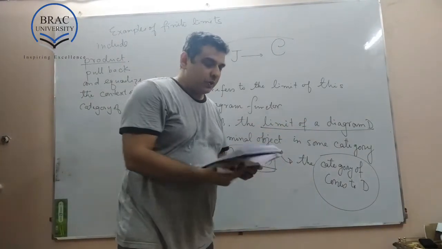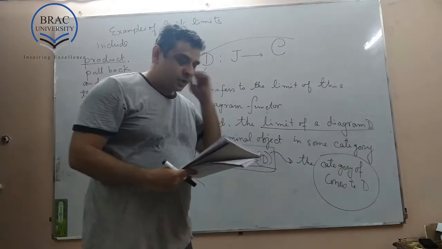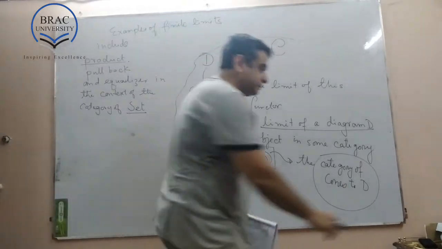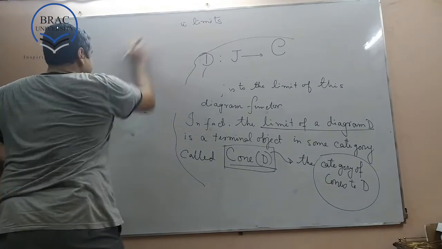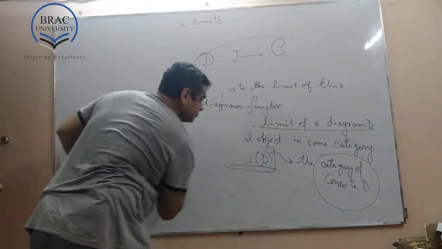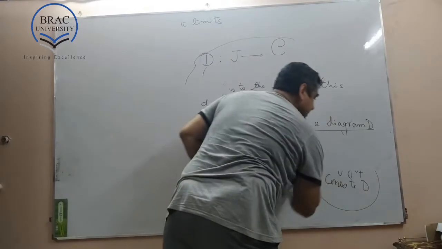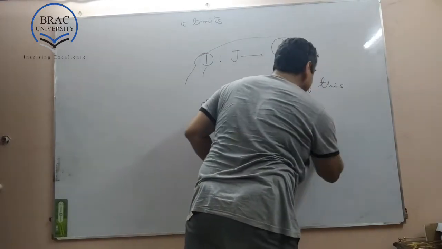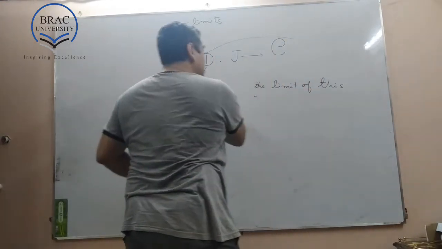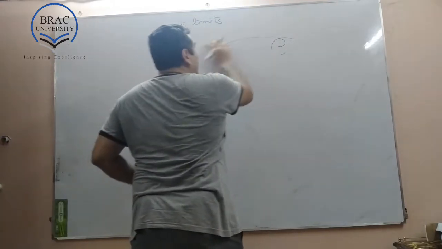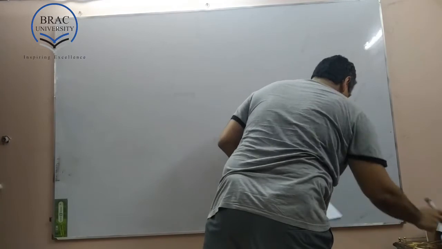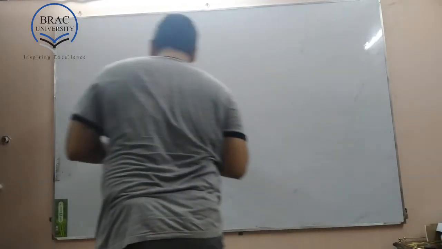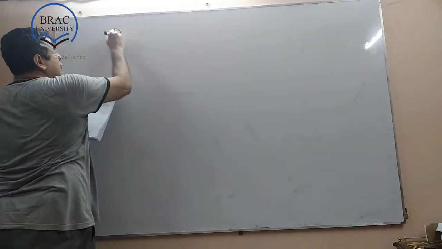Now let's move to the discussion on coproduct. But in order to do that, we need some background concepts on the disjoint union of sets. So let's discuss the disjoint union of sets first.